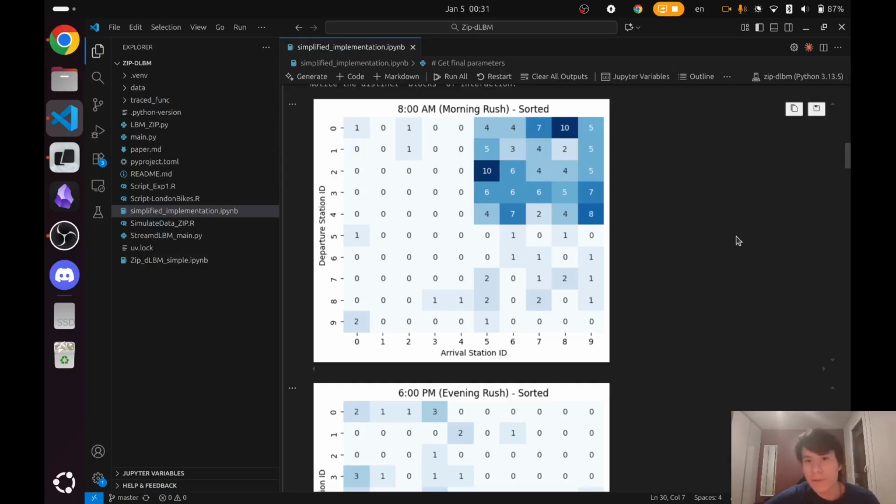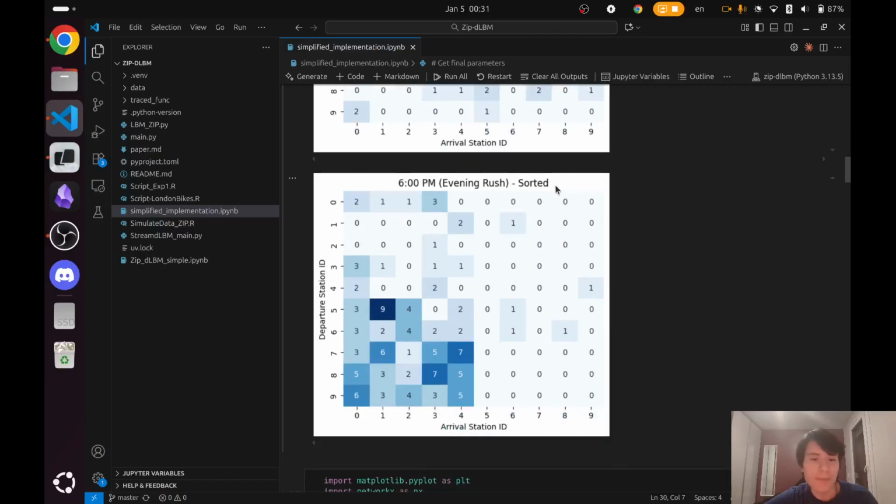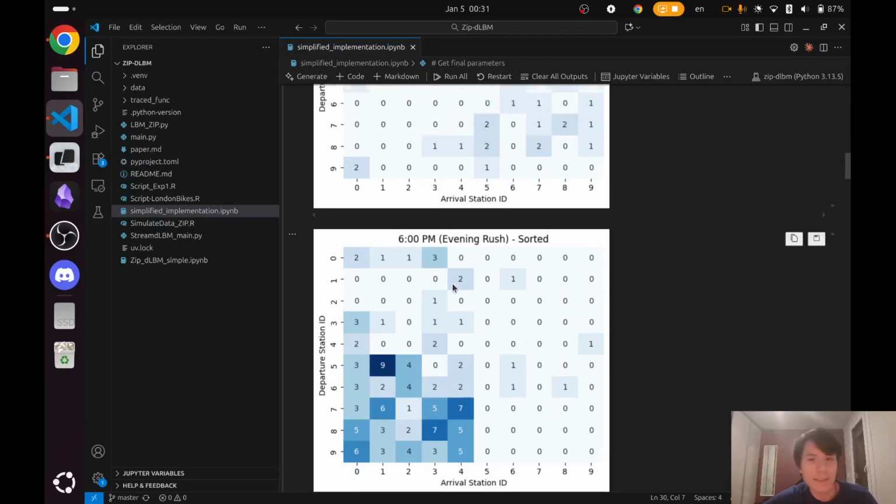So we sample the data and intentionally create two periods of time. One, as we can see, when these types of stations tend to go to these destinations, right? So you can see these high color blocks, and also the other time when they are coming back home, let's say.